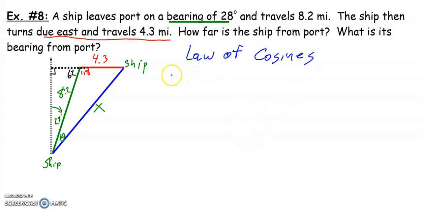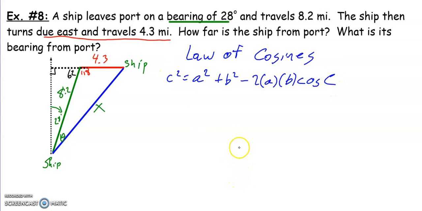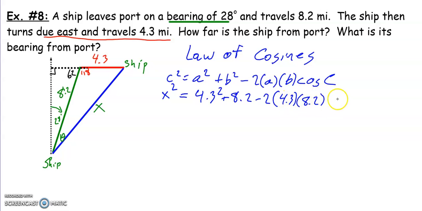The law of cosines says the side I'm looking for squared is known side squared plus other known side squared minus 2 times a times b times the cosine of the angle that's opposite the unknown side. So we're going to find x. I know a, I know b. Minus 2 times 4.3 times 8.2 times the cosine of 118.